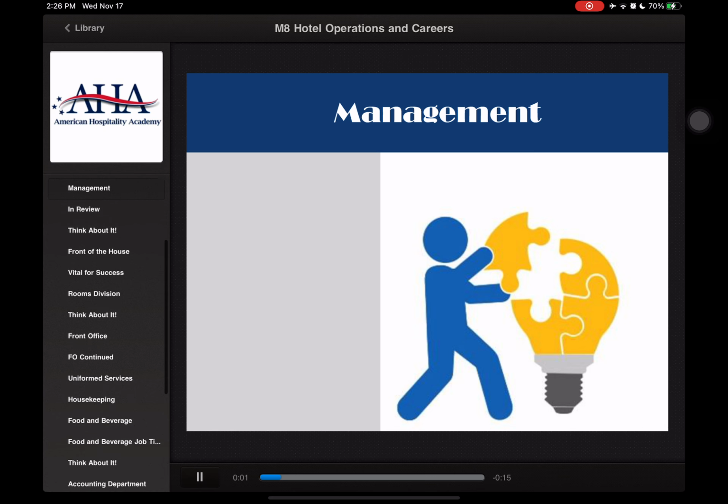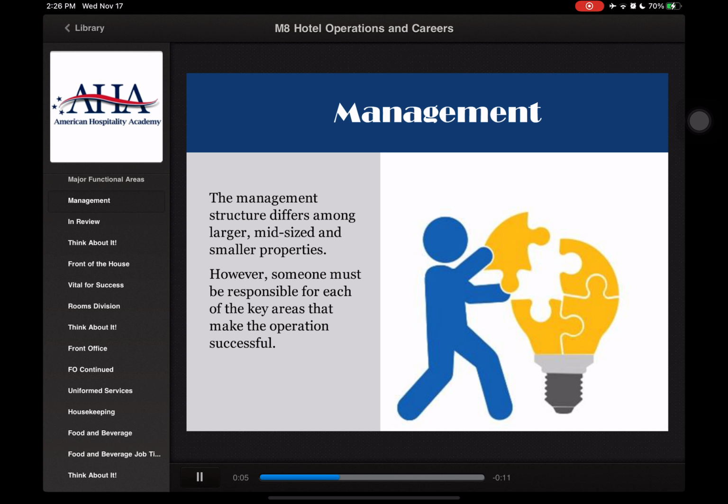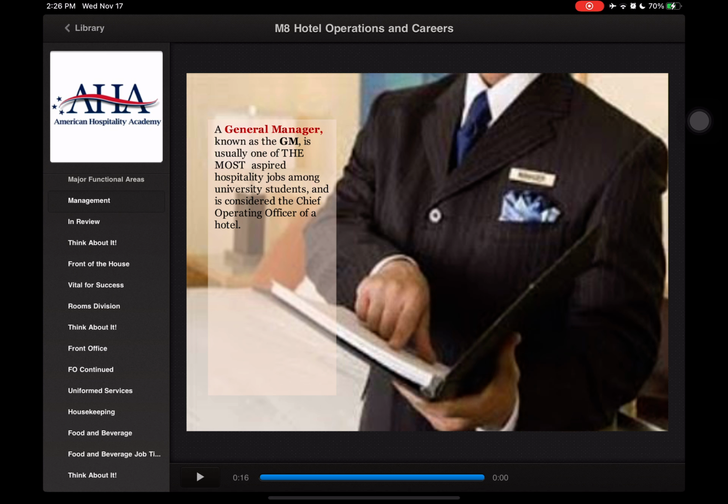The glue that keeps these departments in sync is management. The management structure differs among larger, mid-sized, and smaller properties. However, someone must be responsible for each of the key areas that make the operation successful. A general manager, known as GM, is usually one of the most aspired hospitality jobs among university students and is considered the chief operating officer of a hotel.